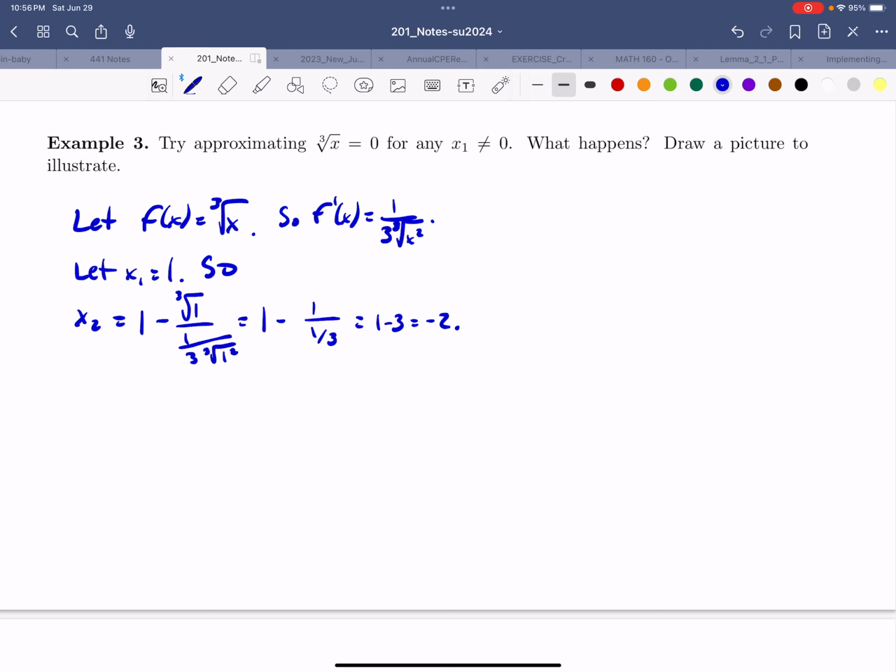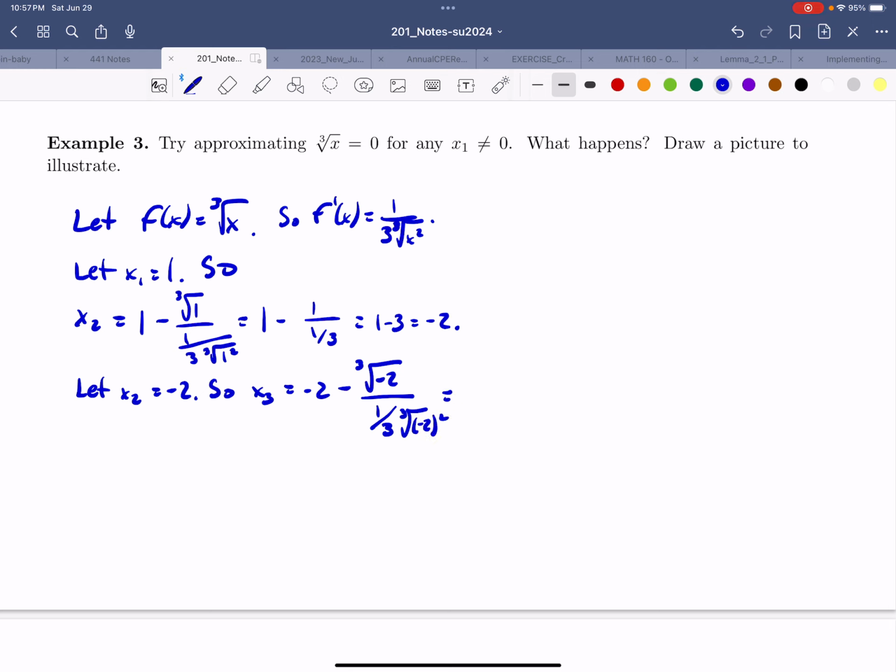Let's try one more. Let x2 equal negative 2. So x3 is going to equal negative 2 minus the cube root of negative 2 all over 1/3 times the cube root of negative 2 squared.